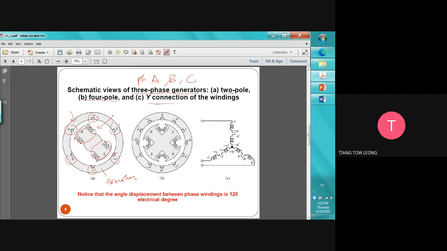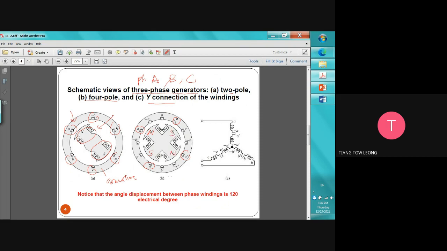What about here? Phase, there's A, then A, there's A again, A. Okay, and then we have a four pole, 1, 2, 3, 4. Remember, when we place the pole, it must be alternating. For example, when this starts from north, the side must be south, then going back to the north, and then back to the south.